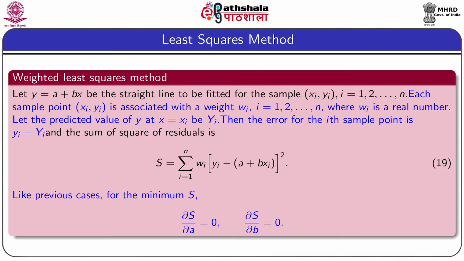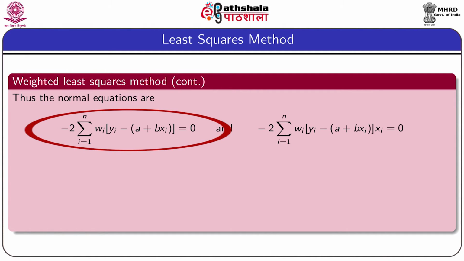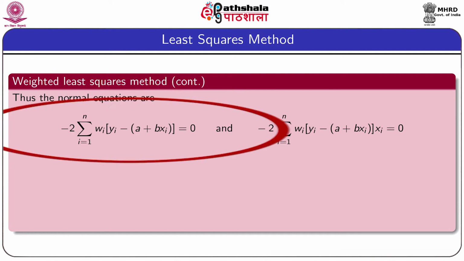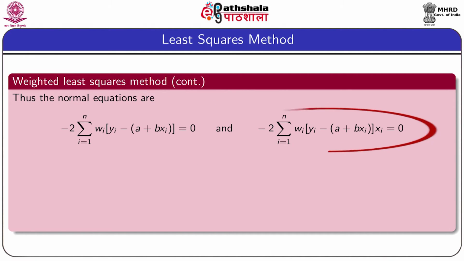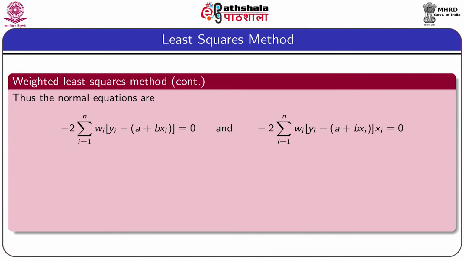Like previous cases, for the minimum S, del S by del a equal to 0 and del S by del b equal to 0. These are the normal equations. For this straight line, the first normal equation is minus 2 summation wi into (yi minus (a plus bxi)) equal to 0, and the second equation is minus 2 summation wi into (yi minus (a plus bxi)) whole into xi equal to 0.